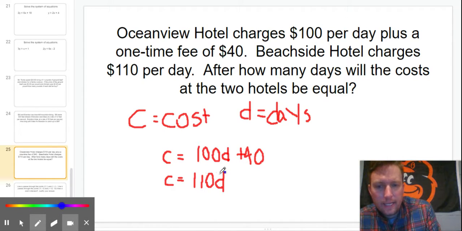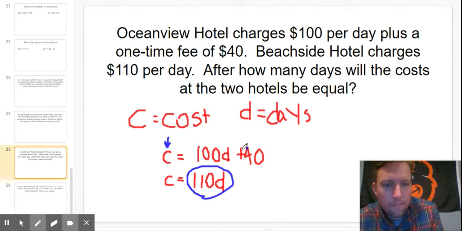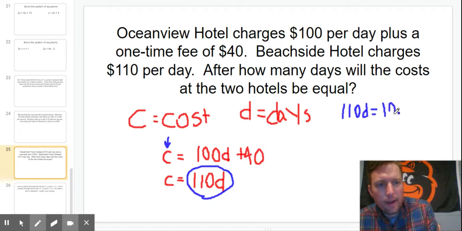I'm going to take this value for C and plug it in right here, and I'm going to solve for D. So going up here, I would have 110D equals 100D, I'm keeping the same equation right here, 100D plus 40.